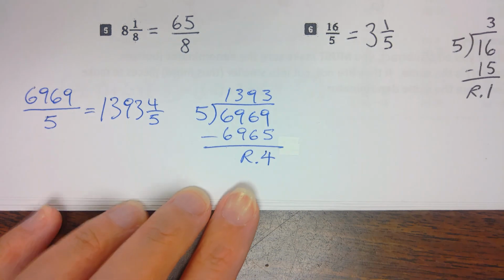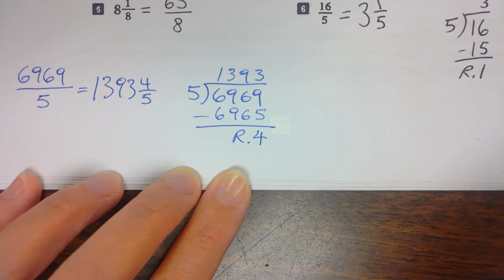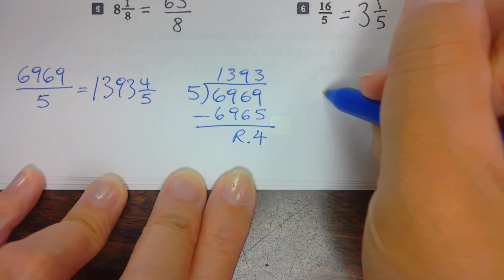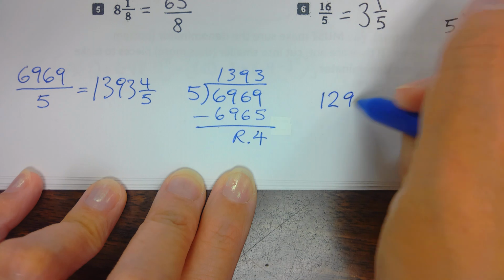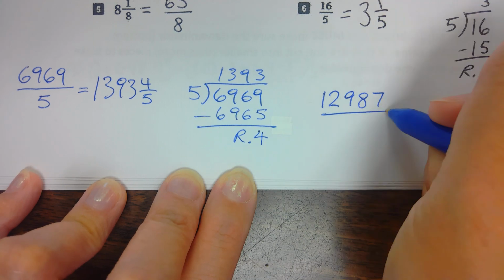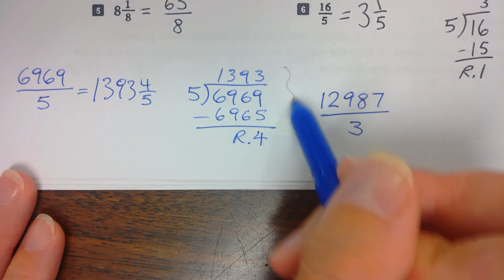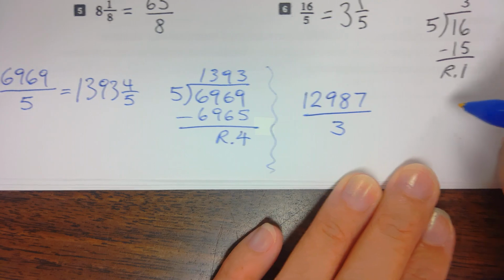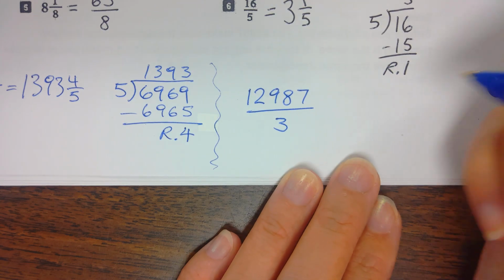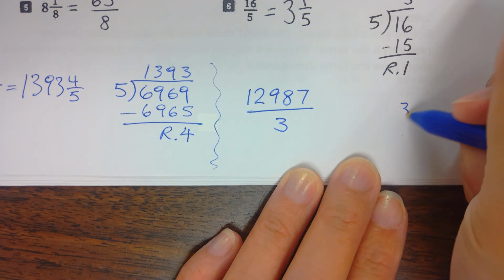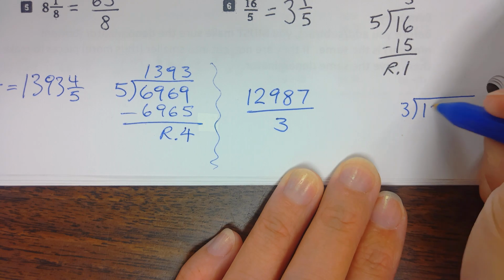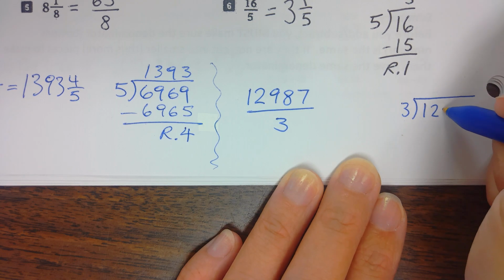Okay. Let's try one more. Let's try another one. Let's try an even uglier number. 12987 divided by 3. Alright, change this into a mixed number. Wow, took you much. Alright. Did it go in evenly?